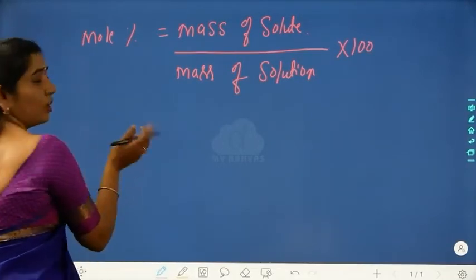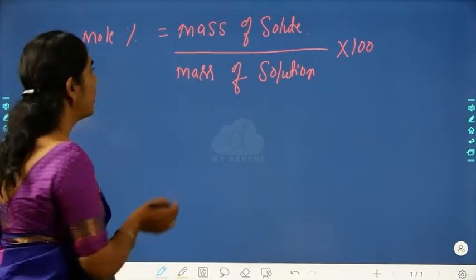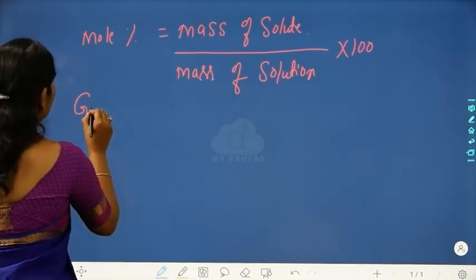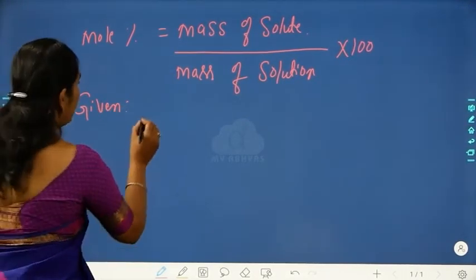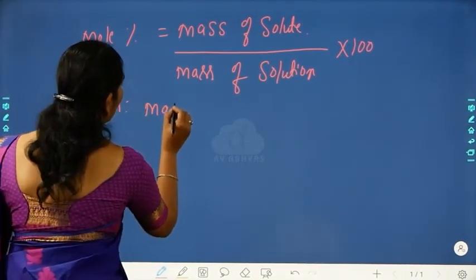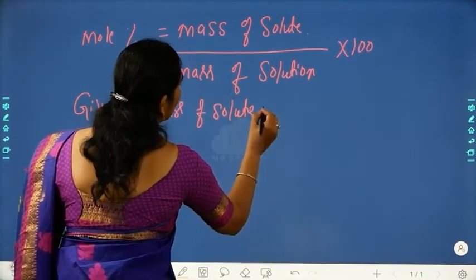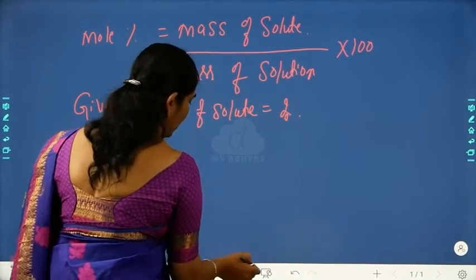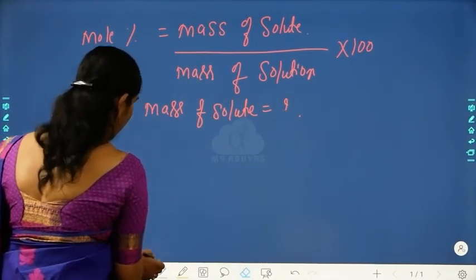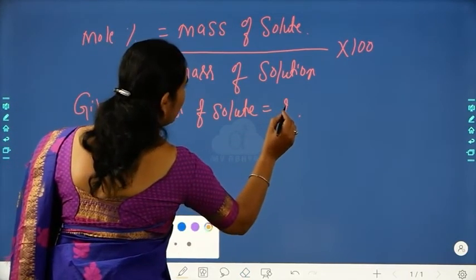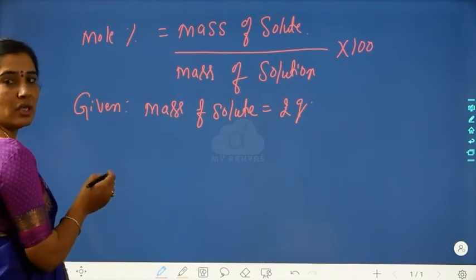Now you have to frame this formula for the given numerical. What is the mass of the solute given here? Mass of solute given is 2 gram. Here it is mentioned very clearly in the numerical, so note it down as 2 gram. Then what about the mass of the solution?